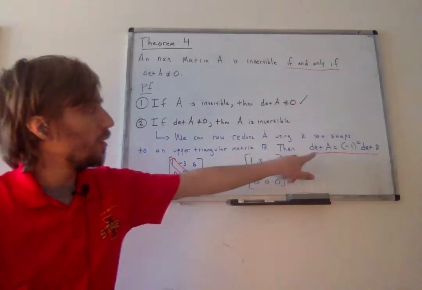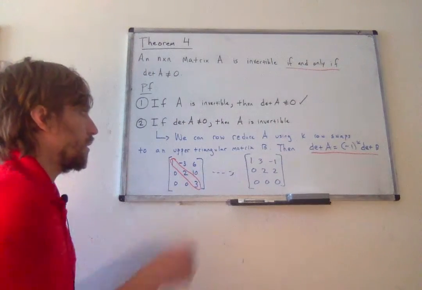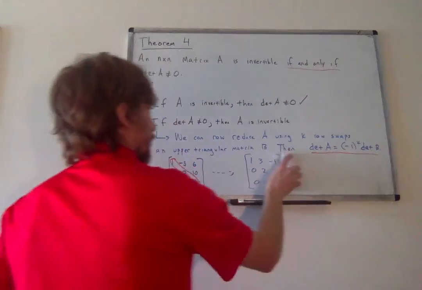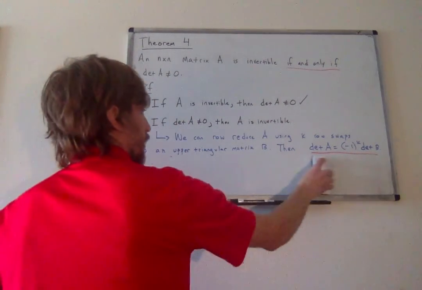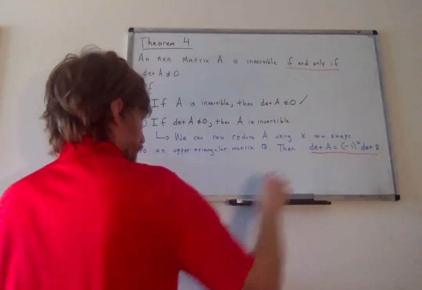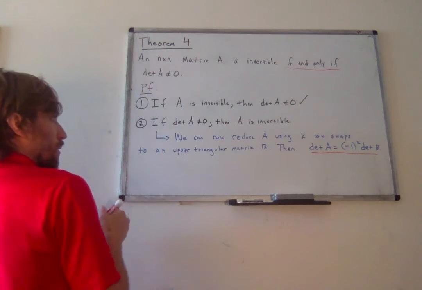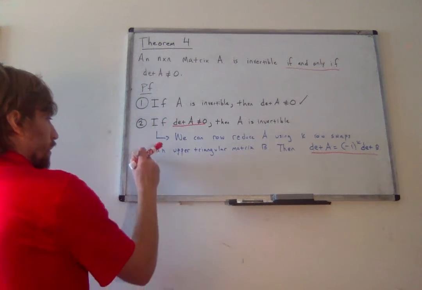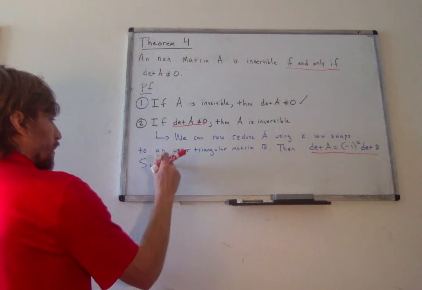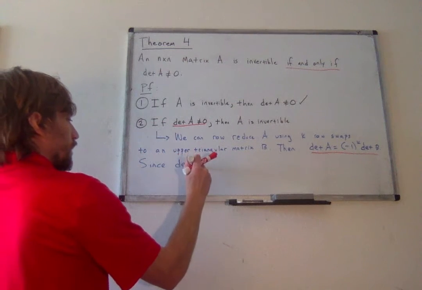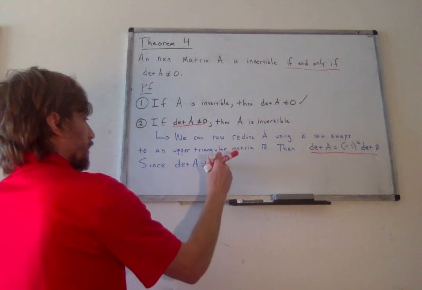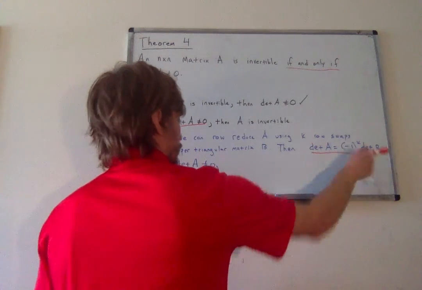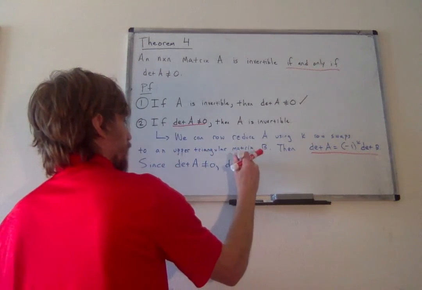So the importance of this and this is that, by this assumption, since the determinant of A is non-zero, the determinant of B has to be non-zero, right?